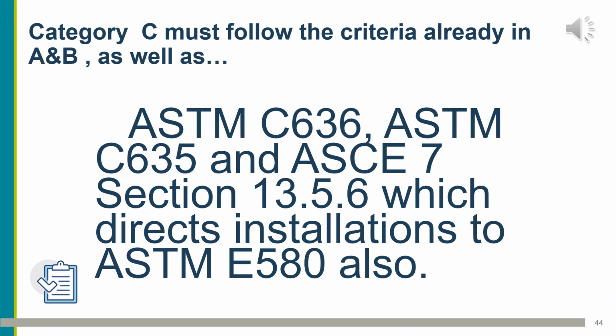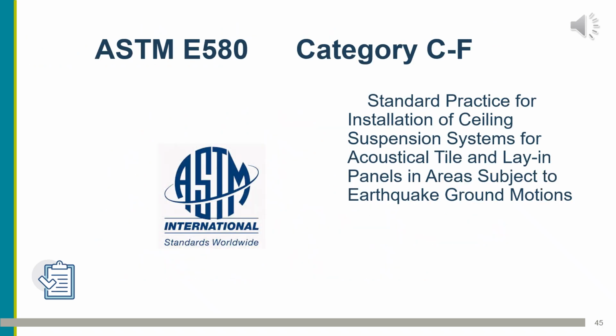So again, we're having to chase after these different documents, but if there is a document referencing the code, we must go by it, and if that document also references another document, we continue on that path. ASTM E580 is for categories C through F. It's the standard practice for installation of ceiling suspension systems for acoustical tile and lay-in panels in areas subject to earthquake ground motions.